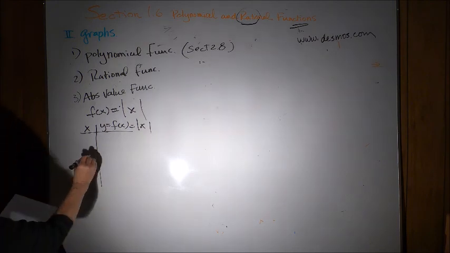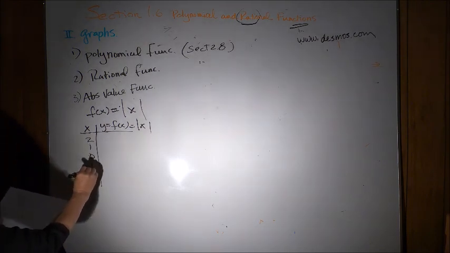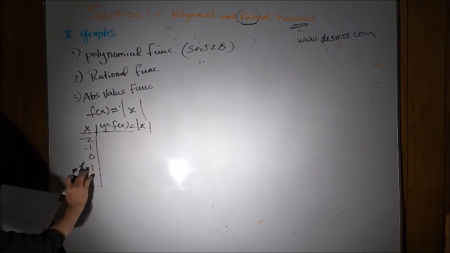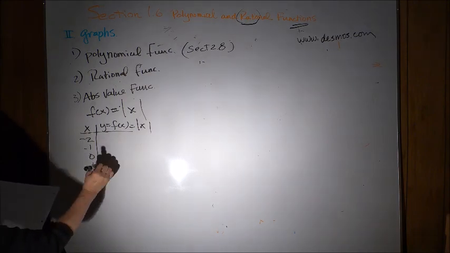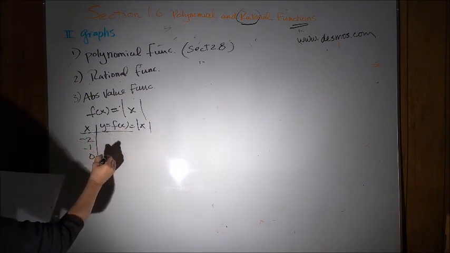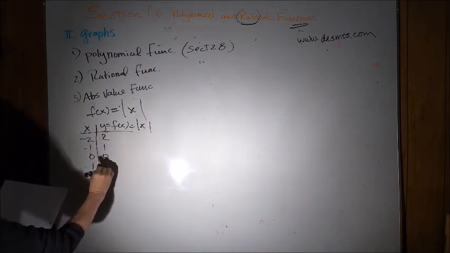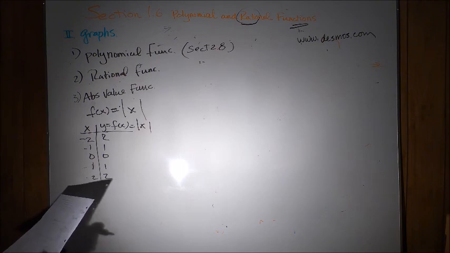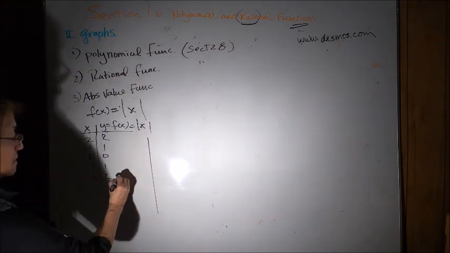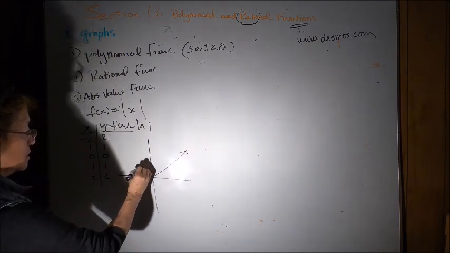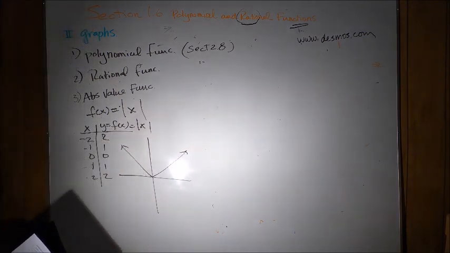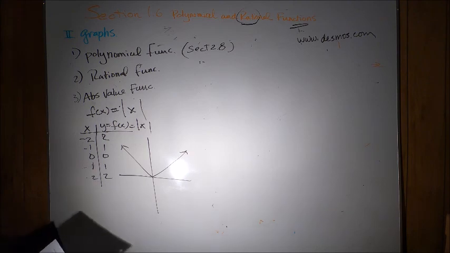If we put in 0, 1, 2, negative 1, maybe I do negative here, positive here, doesn't matter, you take the absolute value, so that would be this. When you graph it, because absolute value is always positive, your shape will be like this. It's a V shape.